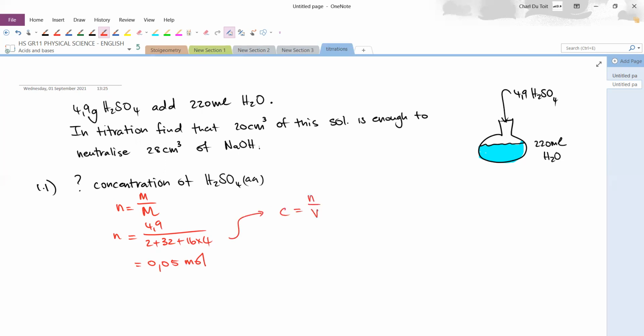Then from there, C equals n divided by the volume. The mole is 0.05 and the volume is, now I have to use 220 divided by 1,000. I can't use grams.